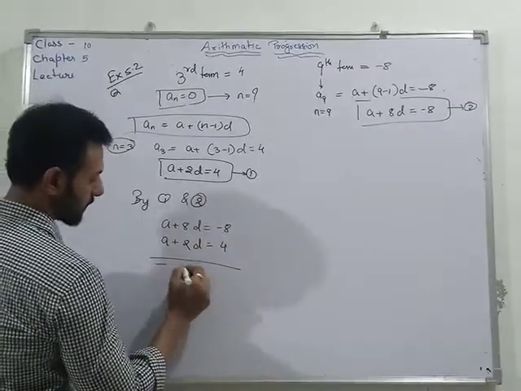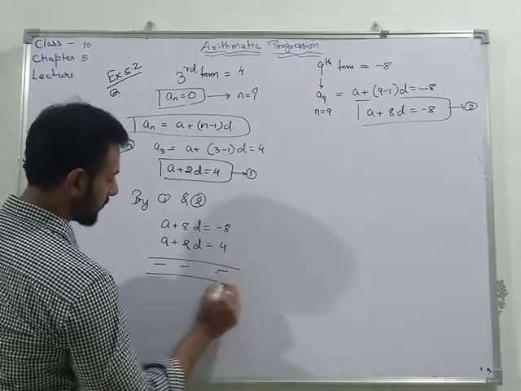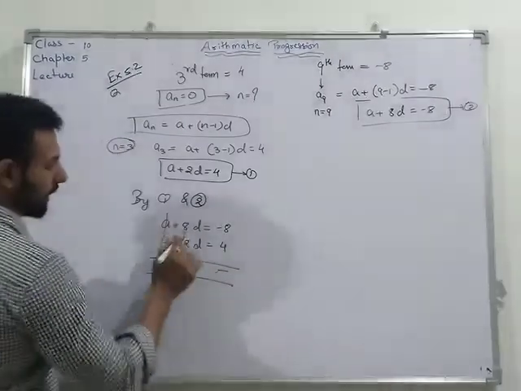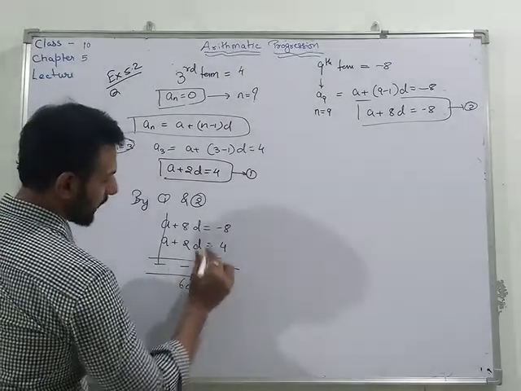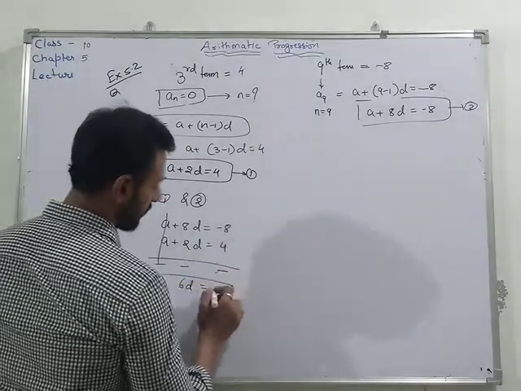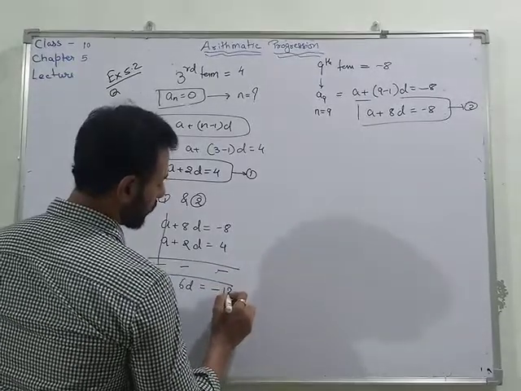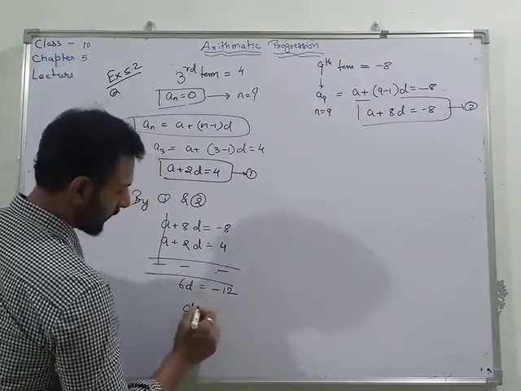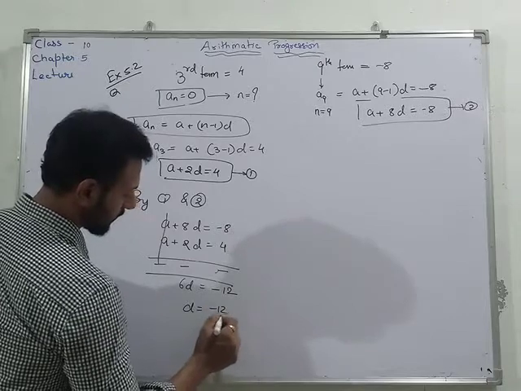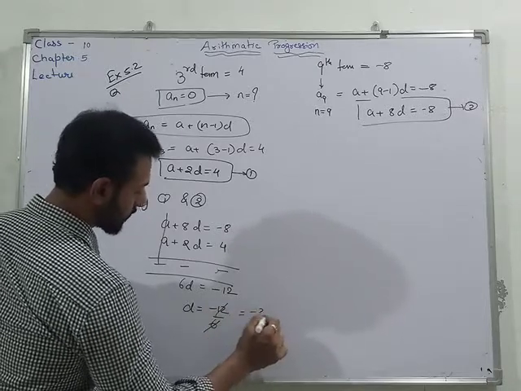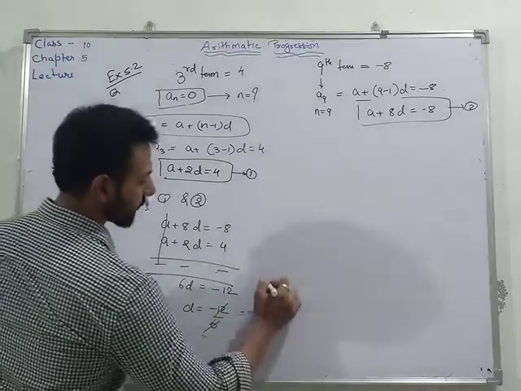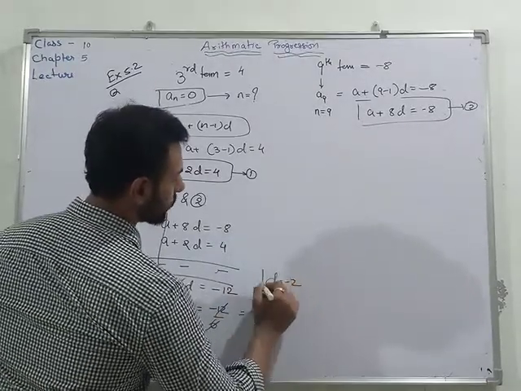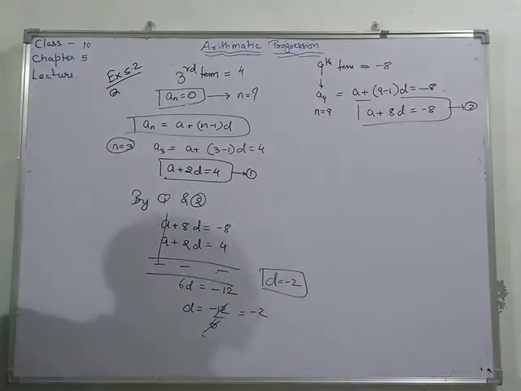Solving this, minus, A will get cancelled out. 8D minus 2D will be 6D, and minus 8 minus 4 will be minus 12. D is equal to minus 12 by 6. Simplifying this, we will be getting minus 2. D is equal to minus 2.